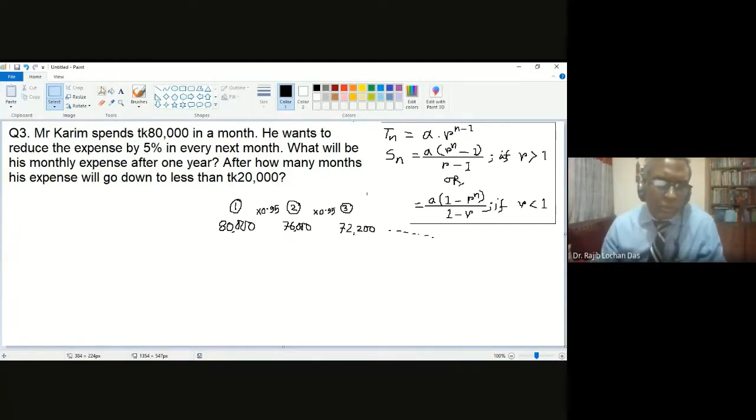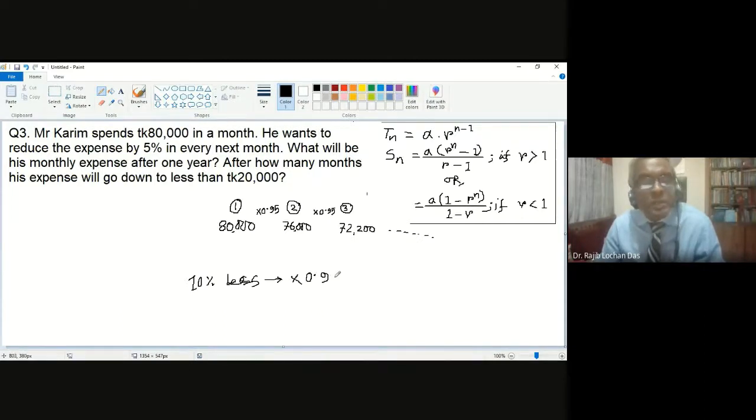So let us make it very, very clear. If it is 10% less, then what will you do? Multiply by what? If it is 10% less, then multiply by 0.9.